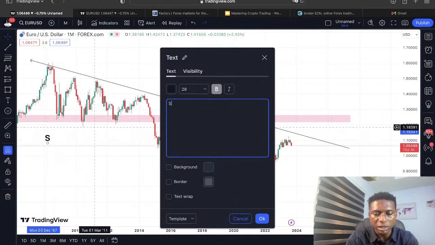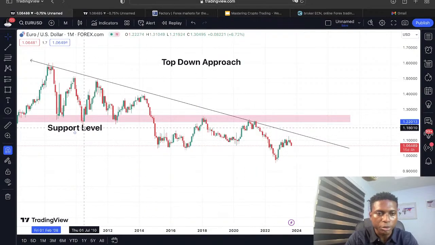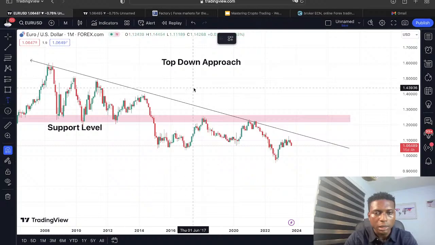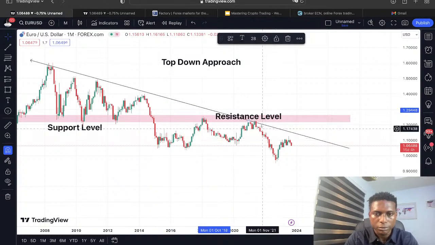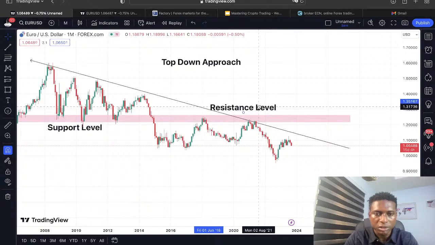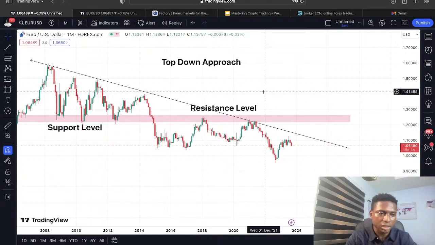It was previously a support here, and now it has turned into a resistance level.